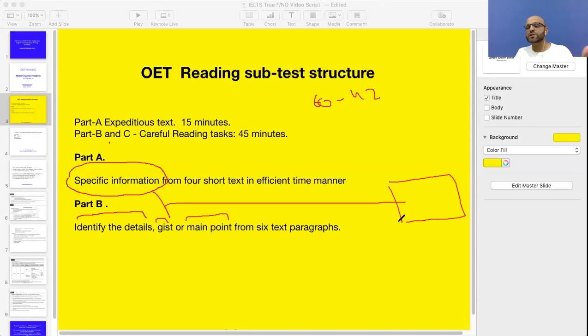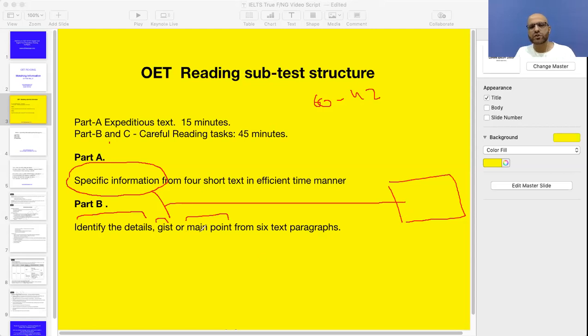However, we are going to discuss a few of them in today's lecture because it's quite brief and we're just going to practice a few questions after we learn a few techniques. The detailed strategies for reading we're going to talk about in another lecture.